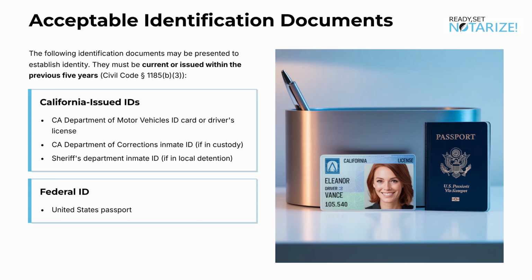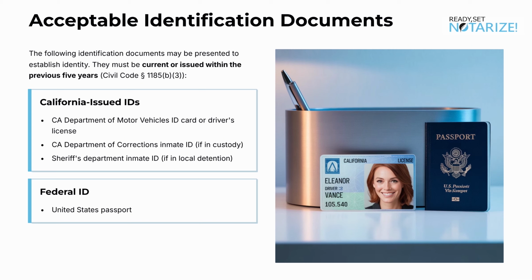The types of identification documents listed below may be presented to a notary public to establish identity. These identification documents must be current or have been issued within the previous 5 years. California Civil Code, Section 1185(b)(3).